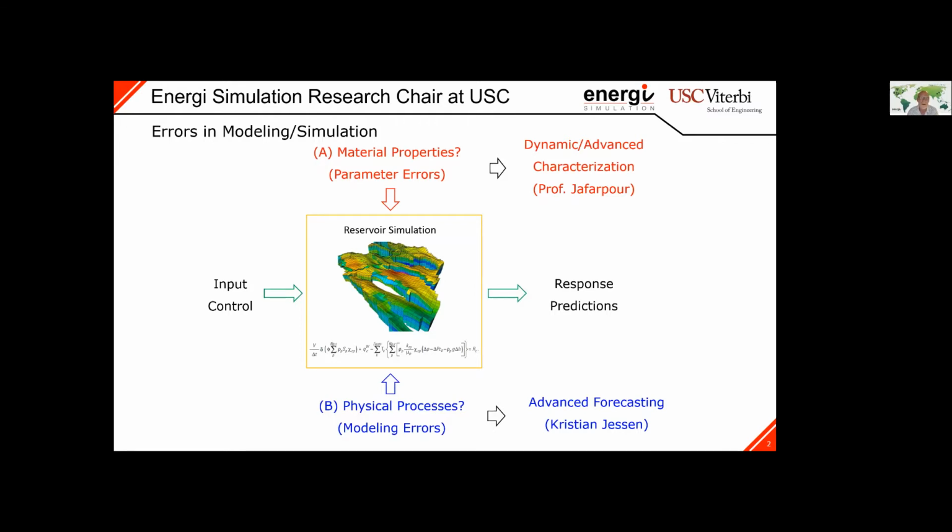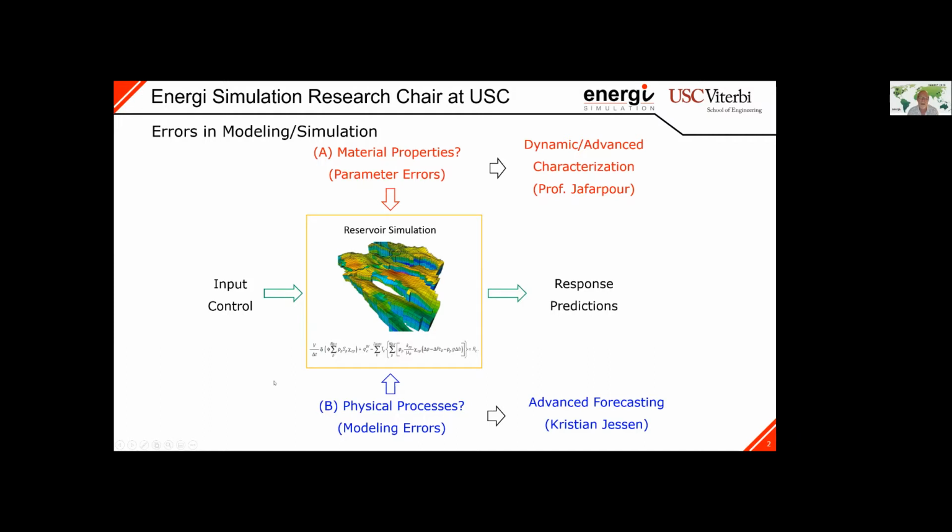And we can think of it as a simple little process where we have some inputs, and we are affected by some sources of errors. One is the parameters that we put into our simulation tools, and that is on the side of what Dr. Jathapur is working on.